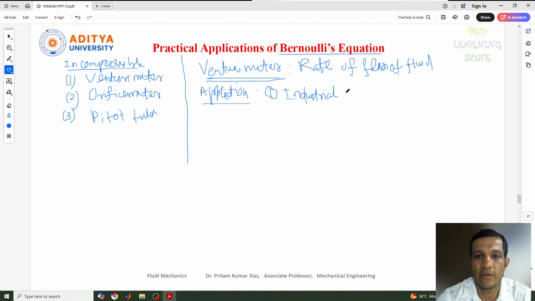So the first one is the industrial flow measuring device. In the industrial flow measuring device, for example, in a chemical processing industry we can use this concept.